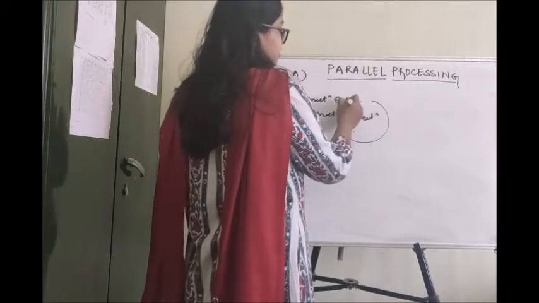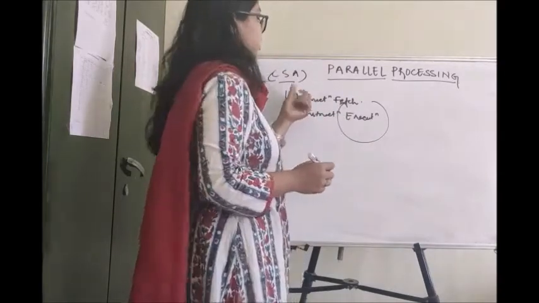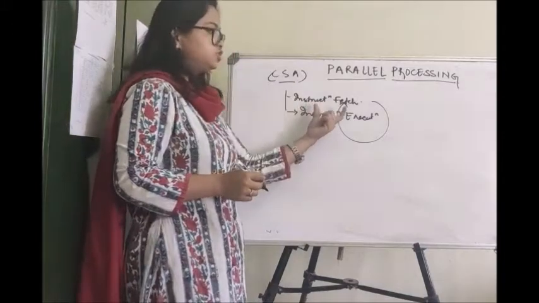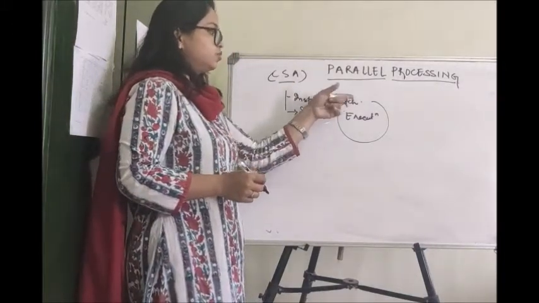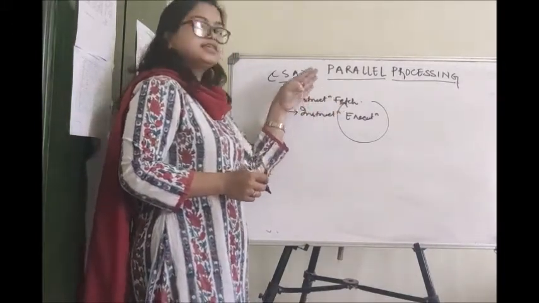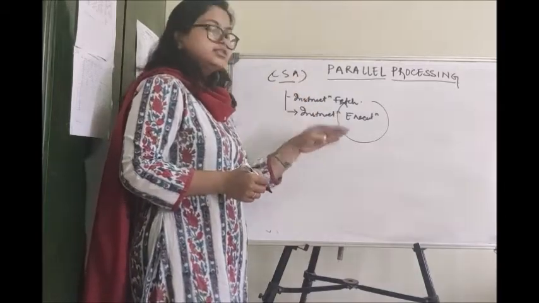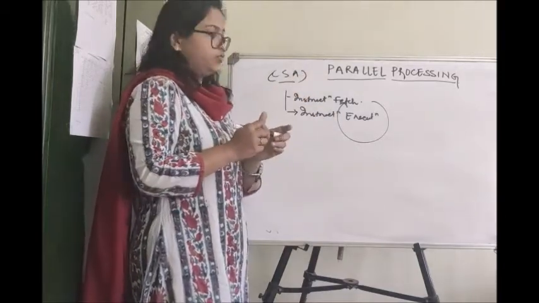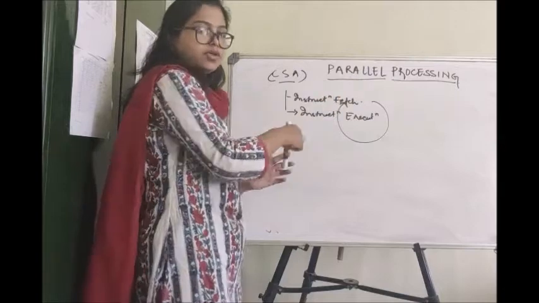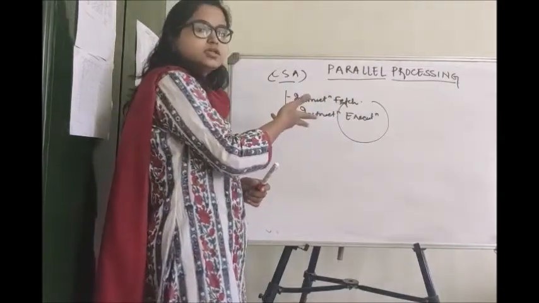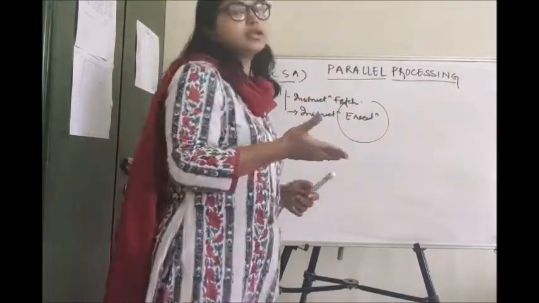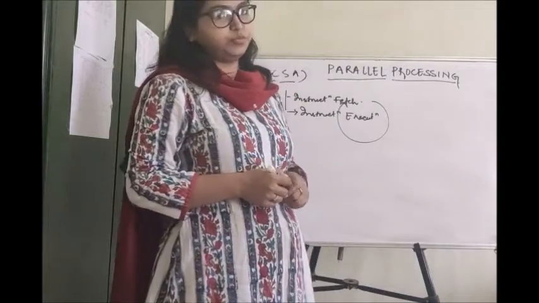After that the cycle repeats. Each time an instruction is first fetched, then it is executed, and this way all the instructions are carried out. This is how instructions are executed by a processor in a computer.